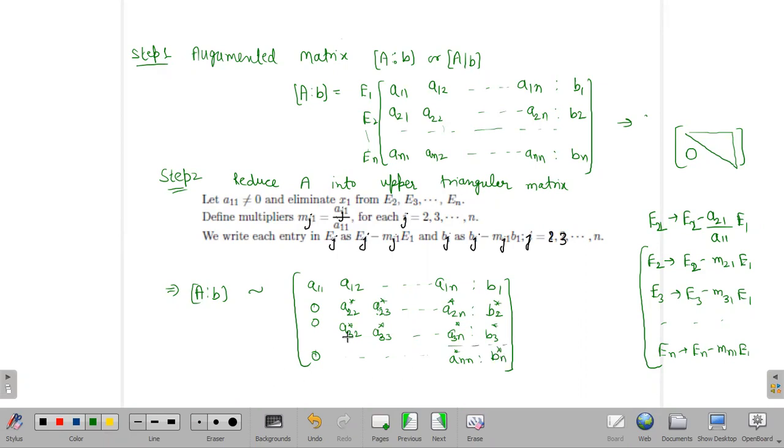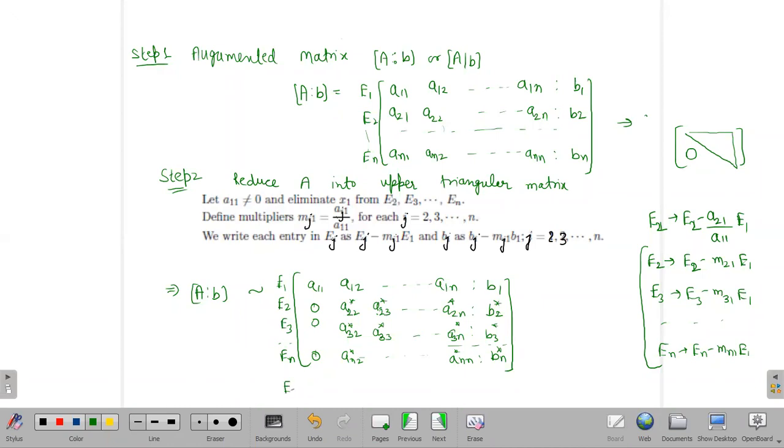So now we will apply on this, means we will make these elements 0 below A22. So how to make these elements 0? Again, it is E1, E2, E3, up to En.